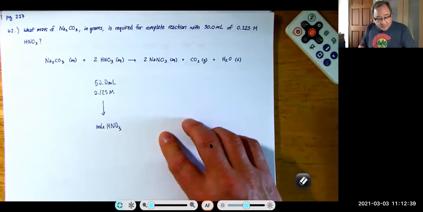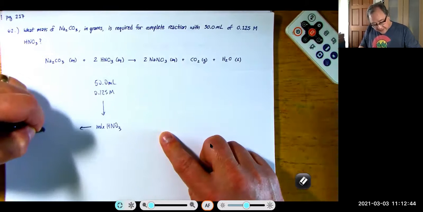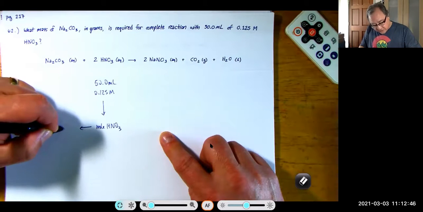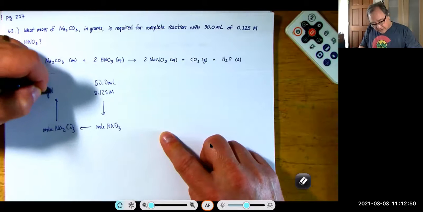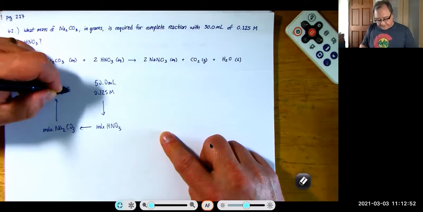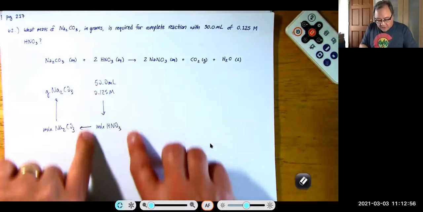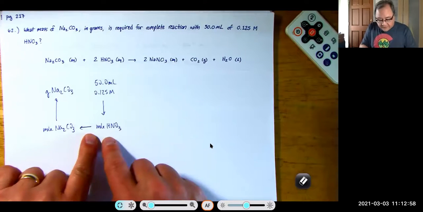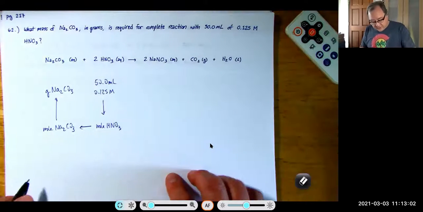Now they ask for what mass in grams. We're going to use this to get the moles of Na2CO3, and we're going to use this to get the grams of Na2CO3. So here in this column, we're talking only about our moles of HNO3. And in this column, we're talking about sodium carbonate.